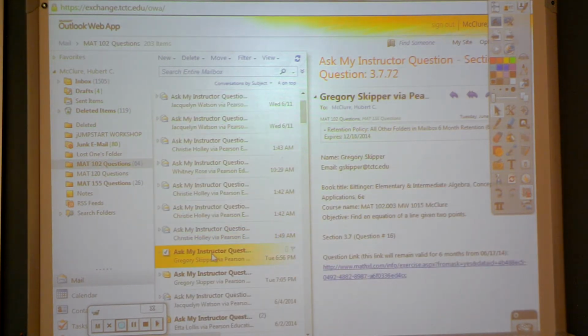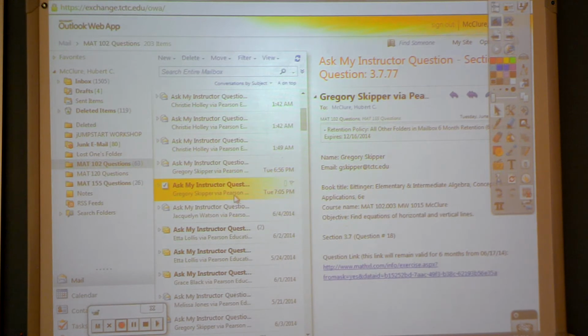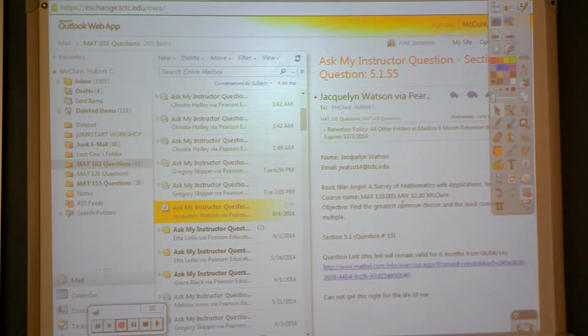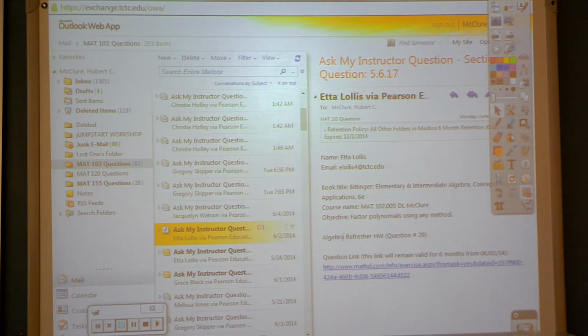Let me see if there's any. This says 3.7, but that's the same. Find an equation of a line. Here. I wanted to ask, since we're on 7.3, and then on the handout that you gave us, it only says that 7.4 and 7.5 need to be covered, and then we're having another test.